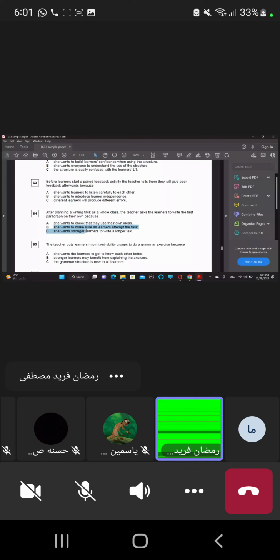The focus in this question is on the interaction pattern, not on she wants to check that they use. It's not that she will check, it's that they will make sure they attempt the task. If we said she wants to check that they use their own ideas, how would she check that?